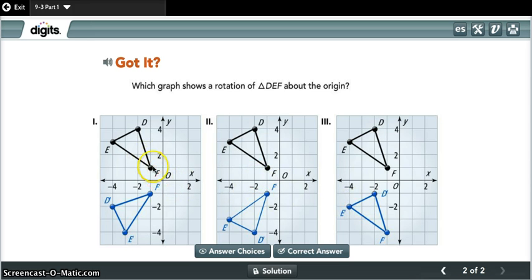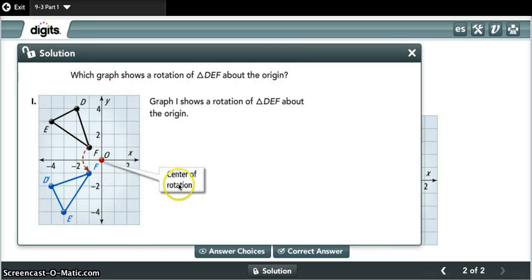So if you take a white piece of paper, you'll probably be able to see through it. Trace this triangle and then rotate it down while keeping your pencil at the origin. You're going to be able to see that it does line up with this new blue triangle. Therefore, this first option is a rotation.